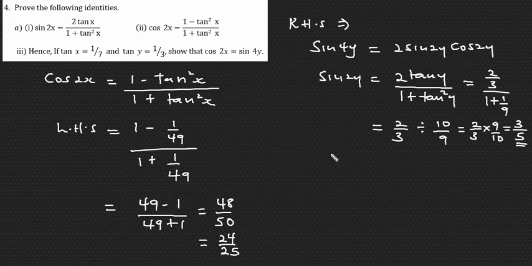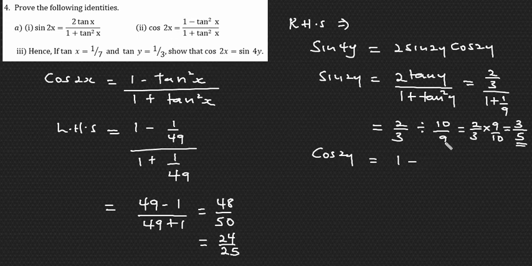Cos 2y, we shall use this where we shall replace x with y. So this will be 1 minus tan squared y over 1 plus tan squared y.